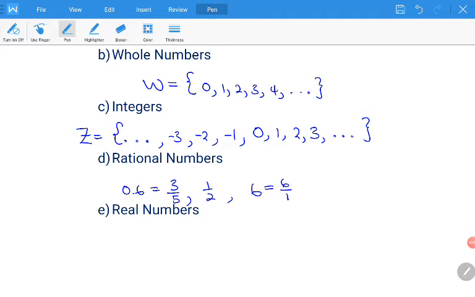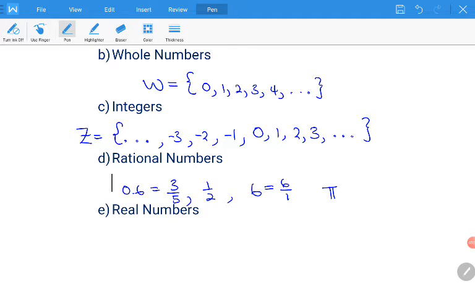A number which is not a rational number is a number which cannot be expressed as a fraction. For example, the actual value of pi is a good example of a number which is not a rational number, because pi cannot be expressed as a fraction.